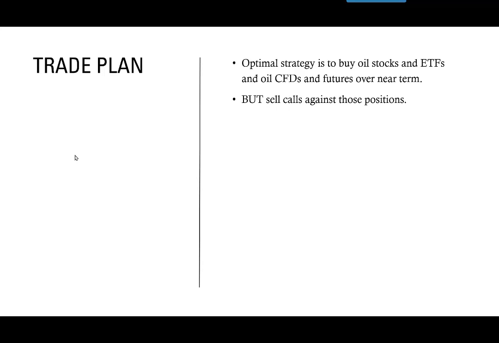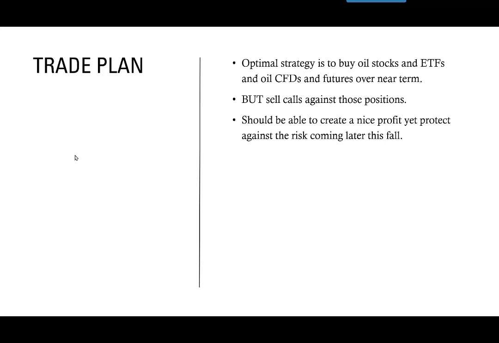Because if it's a sluggish scenario, then covered call writing is always the best strategy to have in a sluggish bull market. Now, there are no options on CFDs. Well, maybe there are. I take that back. There are. I just have never traded them. And there are very liquid options on futures and options on stocks and ETFs.